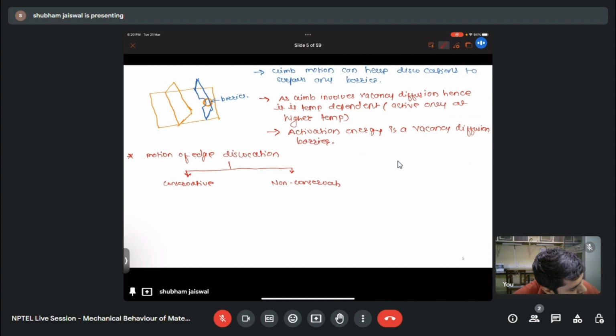So, which is the conservative motion? The motion in which the number of sites is conserved, and remains the same, is nothing but a glide.